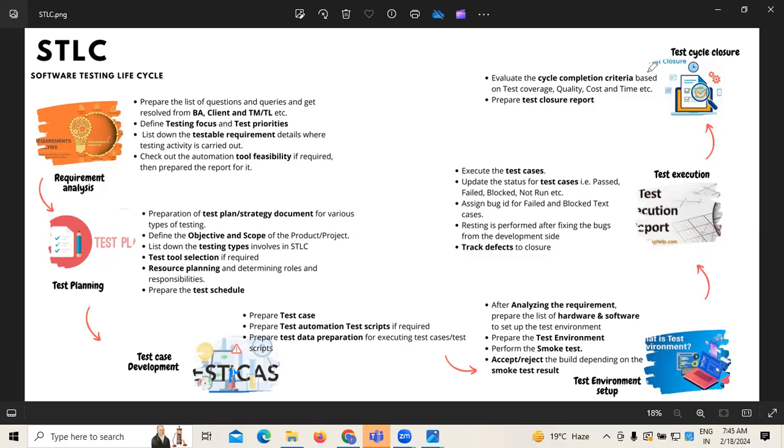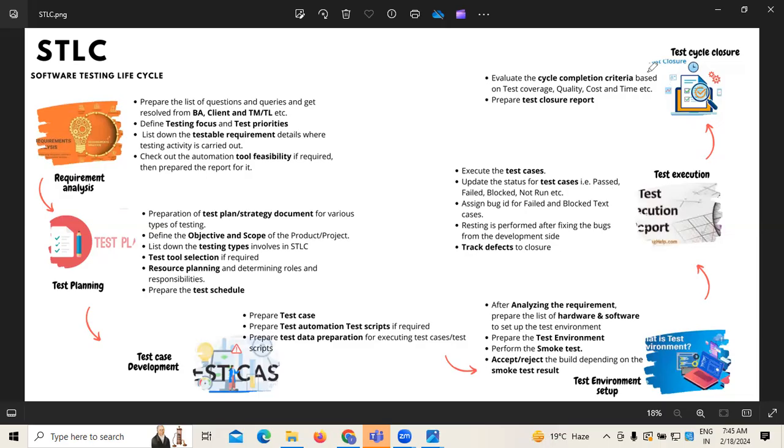Test cycle closure is something relating to that stuff. So this is what generally the software testing life cycle is all about: requirement analysis, test planning, test case development, test environment, test execution, test cycle closure.